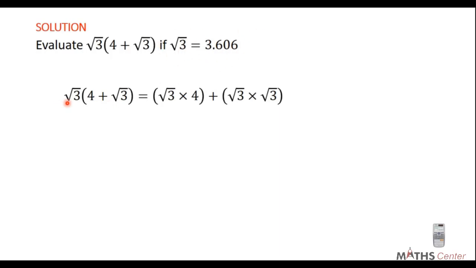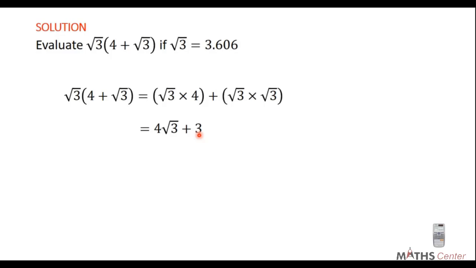So here we know that square root of 3 into bracket 4 plus root 3, square root of 3 will multiply 4 as we have here. So you have square root of 3 times 4, then plus square root of 3 times square root of 3 as we have here. This will give us 4 root 3, because square root of 3 times 4 gives us 4 root 3. Then plus square root of 3 times square root of 3.